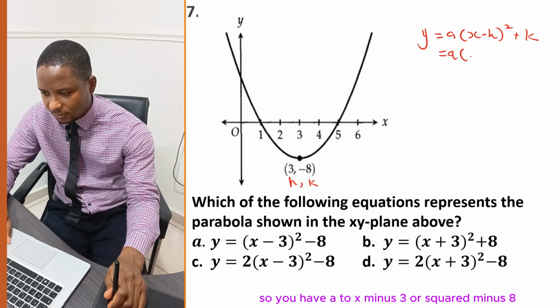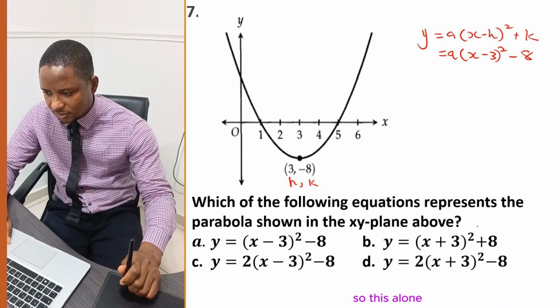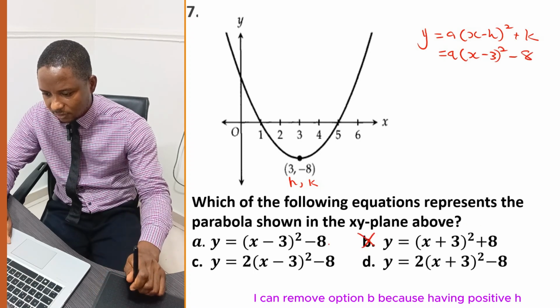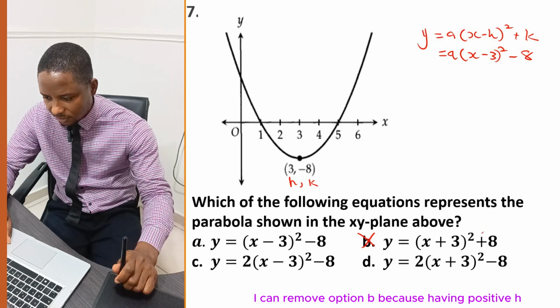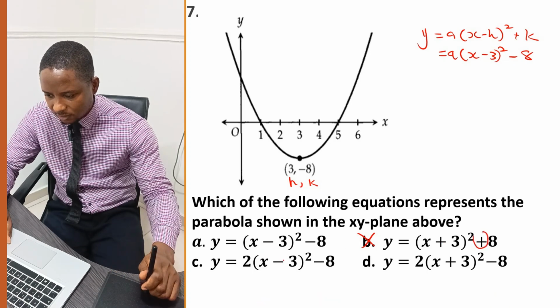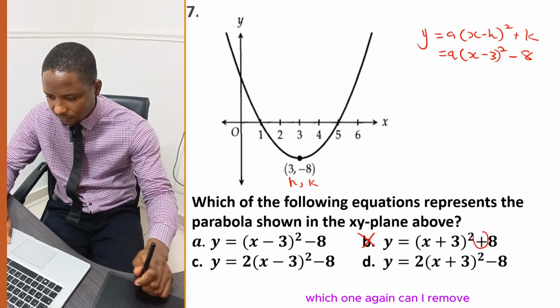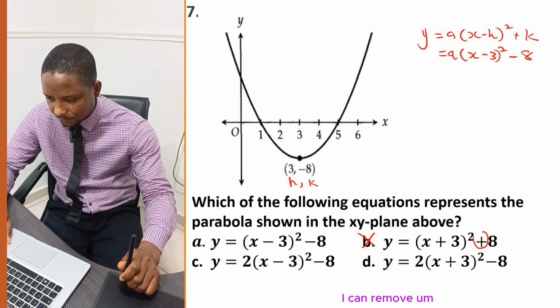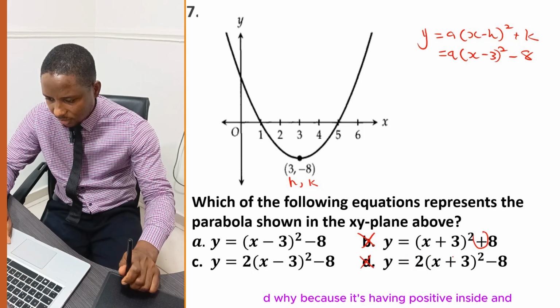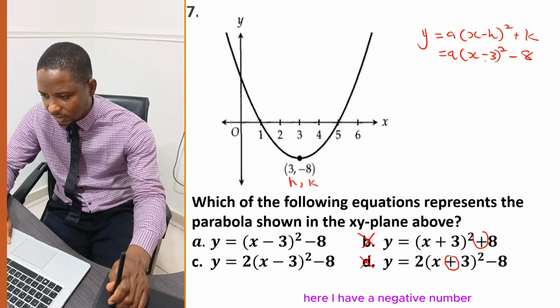So you have a into (x minus 3) all squared minus 8. So with this alone I can remove option B because it's having positive 8. Which one again can I remove? I can remove D, why? Because it's having positive inside, and here I have a negative number.